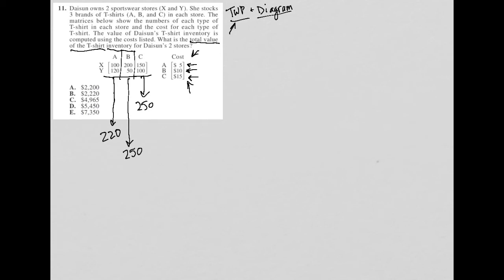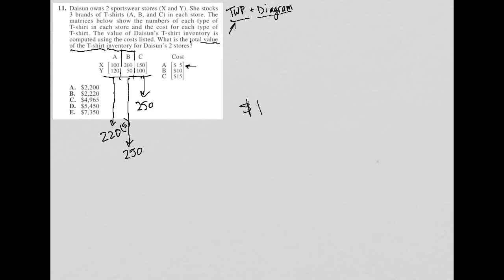So now the costs become important, because we're told that type A t-shirts cost $5. So that means this 220, I'd multiply by 5 in order to figure out the total value of type A t-shirts. So I go to my calculator and multiply 220 times 5, and what I get is 1,100, right?